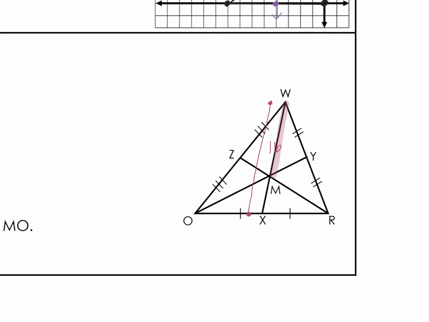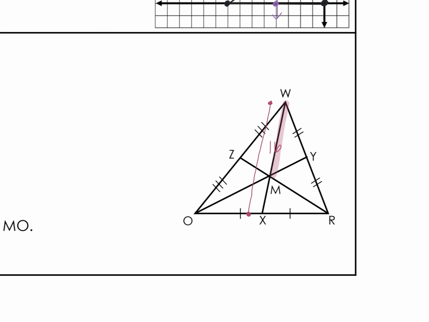Just drawing it off to the side though, so we can kind of see what I'm talking about. And so if I look at it, I am trying to find the entire line, and I know that from W to M is 16, which is that 2/3. Remember, it's 2/3 of the entire line.